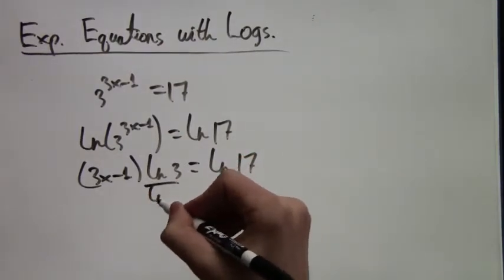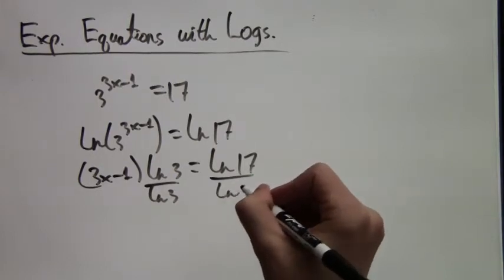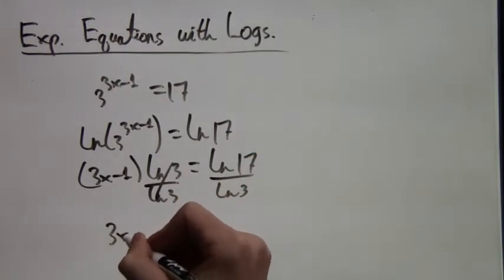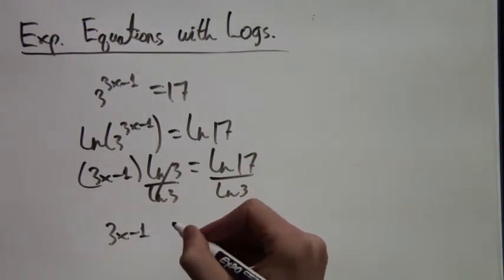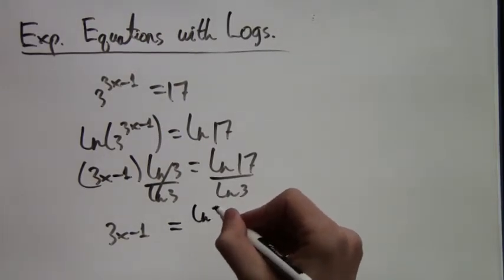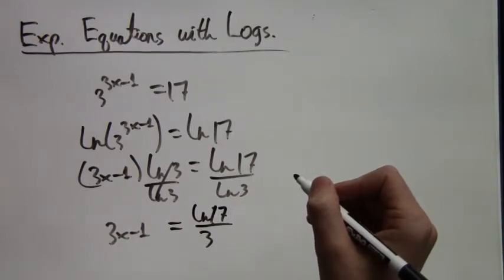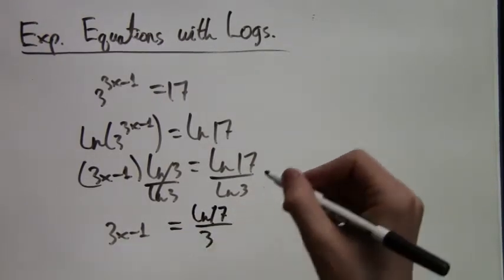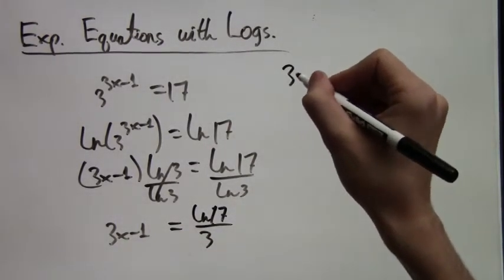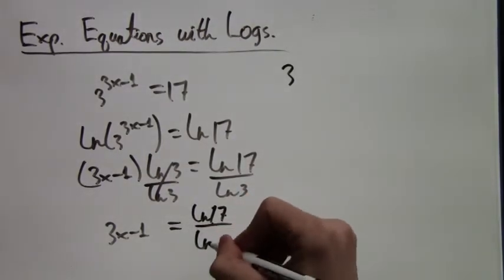Again, we divide by natural log of 3. Then we get 3x minus 1 equals ln 17 over ln 3. Let me correct that there, it's ln 3.